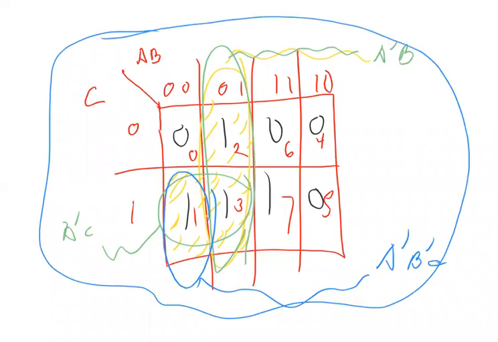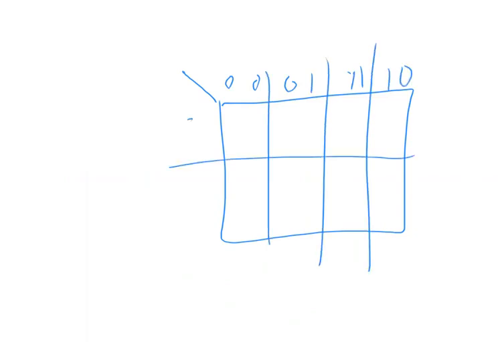Okay, we're moving on. So then question 19 says 0, 0, 0, 1, 1, 1, 1, 0. And then it says 0, 1, A, B, C, 0, 1, 2, 3, 4, 5, 6, and 7.